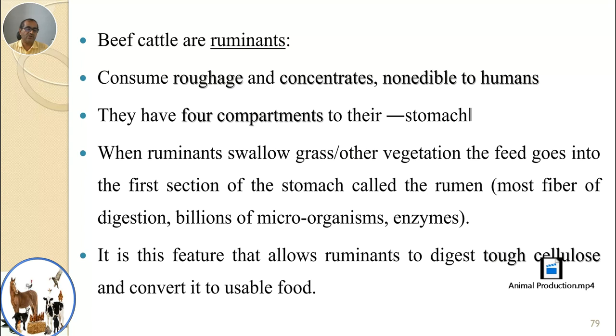There, for most of the fiber digestion, billions of microorganisms and enzymes are present. It is the feature that allows these animals to digest cellulose and convert it into usable food.